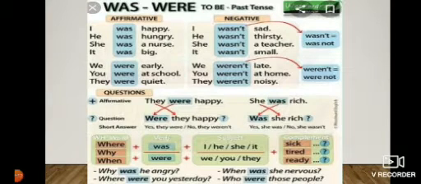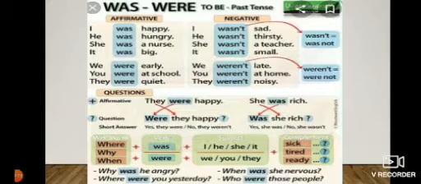The next slide is about was and were, and where they can be used. I, he, she, it: of course, was. We, you and they, plural: we use were. For questions or interrogatives, were and was come in the place of the subject, as you know how to frame an interrogative sentence.